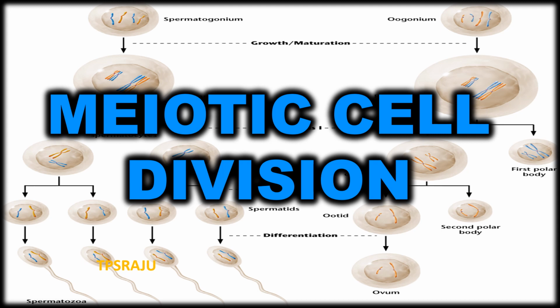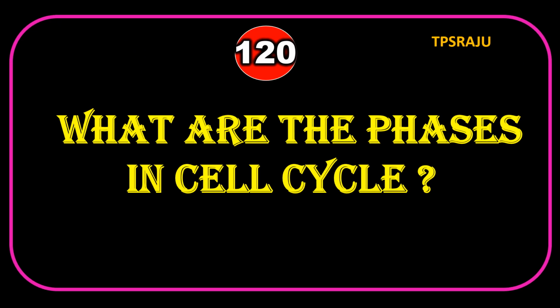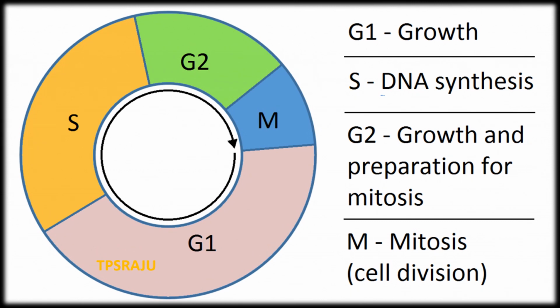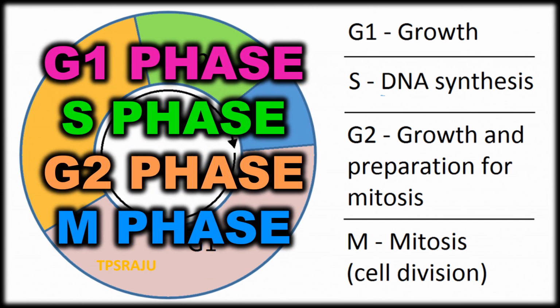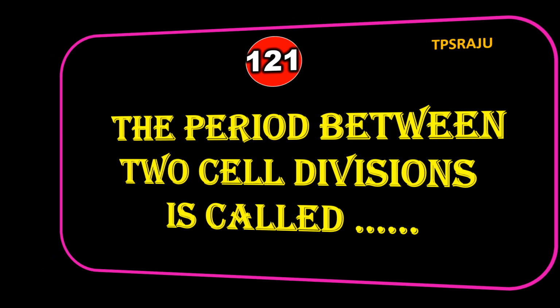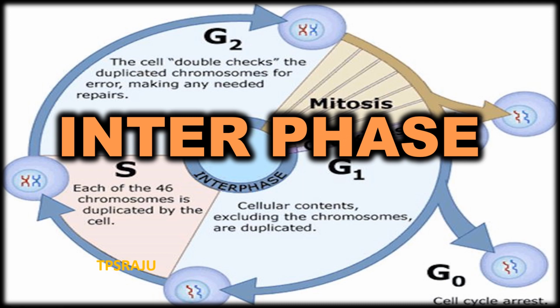Meiotic cell division. What are the phases in cell cycle? G1 phase, S phase, G2 phase and M phase. The period between two cell divisions is called interphase.